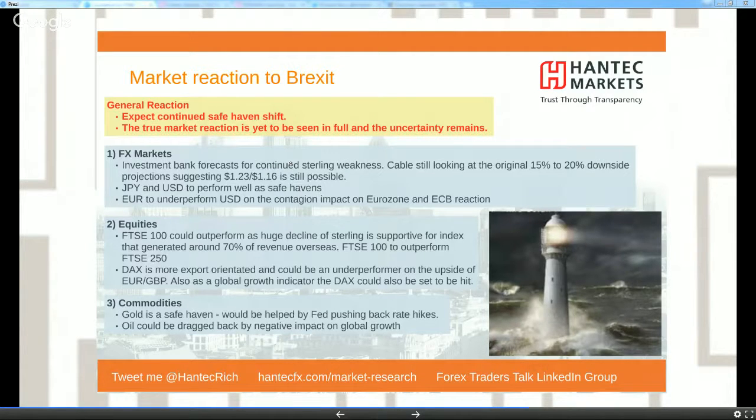Now, the whole factor behind gold is that you've got a continuation of loose monetary policy, negative real interest rates, I should say. You've got negative yielding treasuries, negative yielding government debt, and this all ties into what is seen as a desire for gold to be a safe haven, and that is certainly the case at the moment.